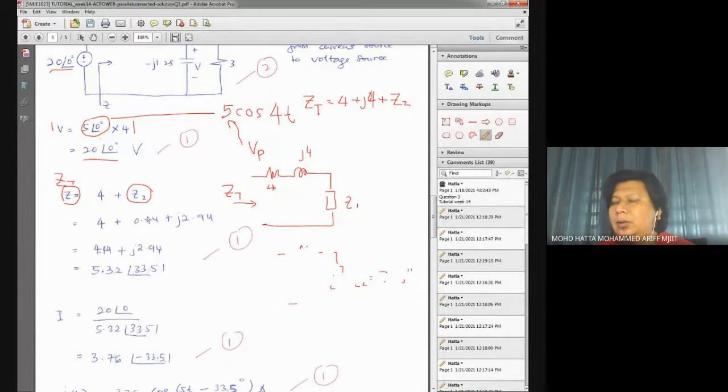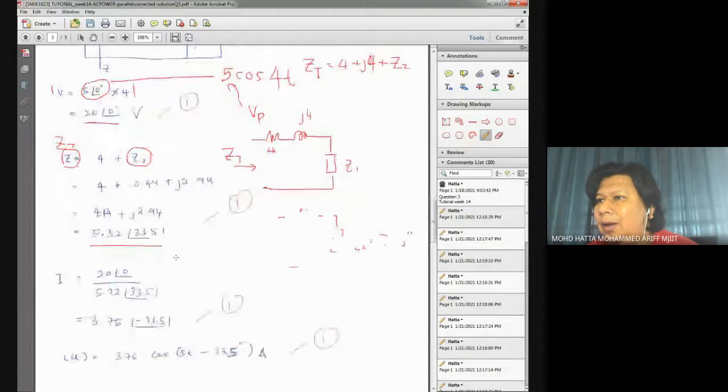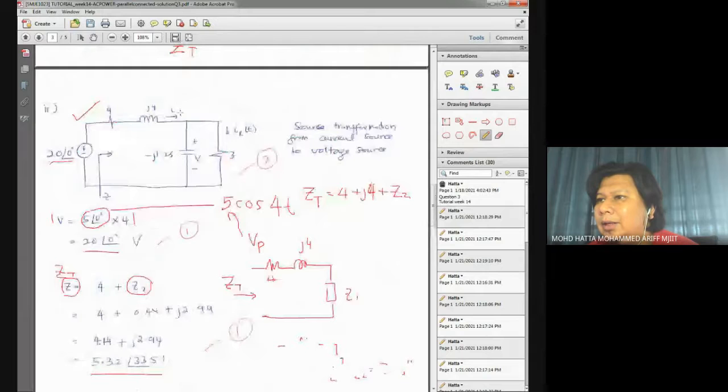You can also always have a look back at your circuit and find what is the correct answer for your Z total. Anyway, once you got the value of your Z total, you can easily calculate the value of I over here because I over here is basically your I total.